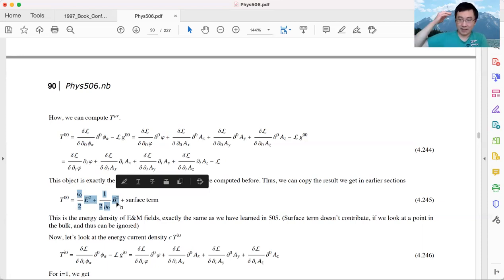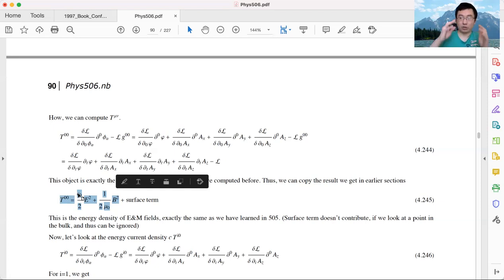We get the action from symmetry, and then by taking derivatives of the action or Lagrangian, we get the energy density, exactly the same formula. The bottom line is that even if I don't know anything about E and M, as long as I know the symmetry, I can conclude that the E and M field carries some energy, and the energy it carries is this amount. And by the way, this is energy density, not quite energy.